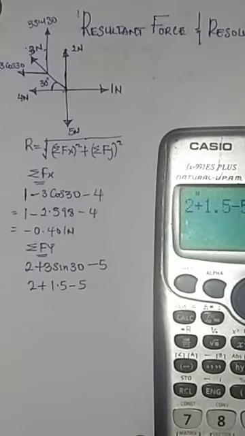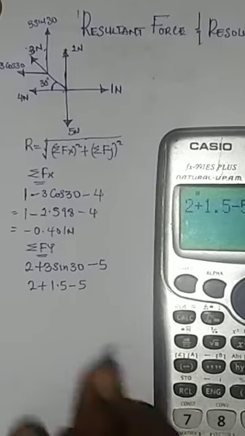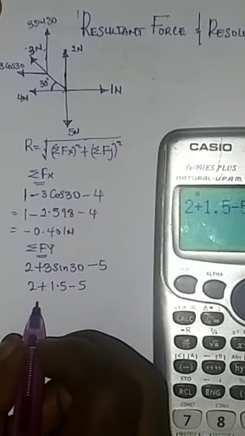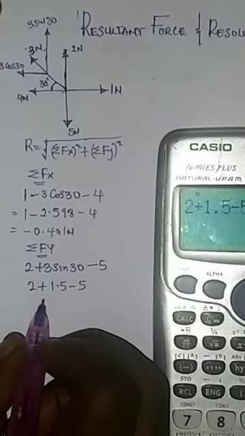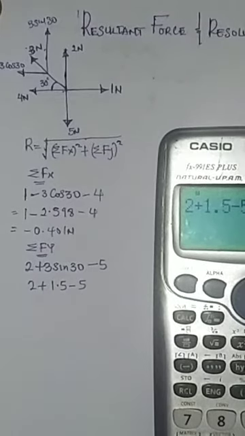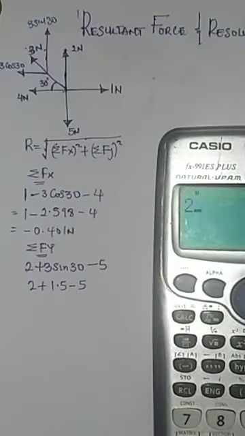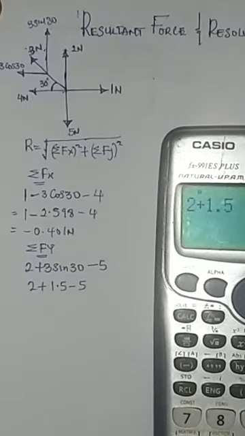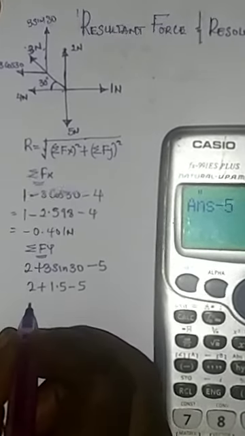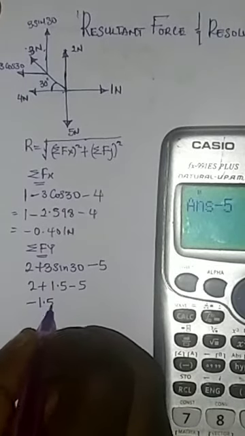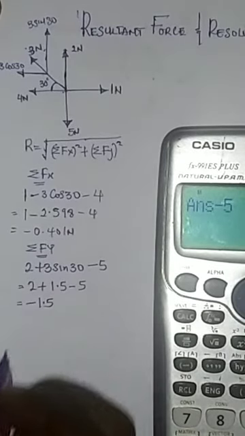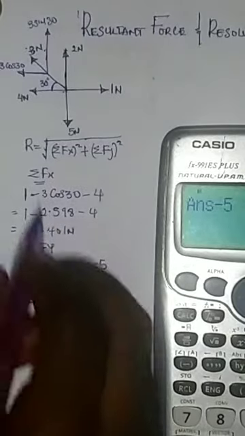And that will give me minus 1.5. So let's check again. 2 plus 1.5, 3.5 minus 5. That's minus 1.5. That's what we're having there. So you put them into your formula.